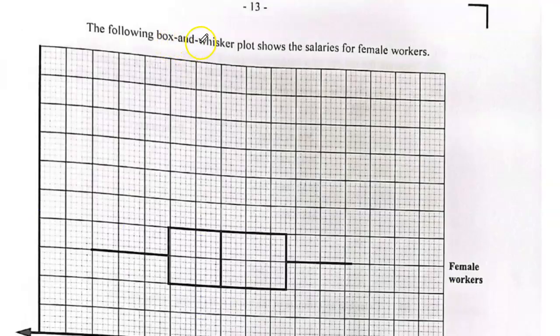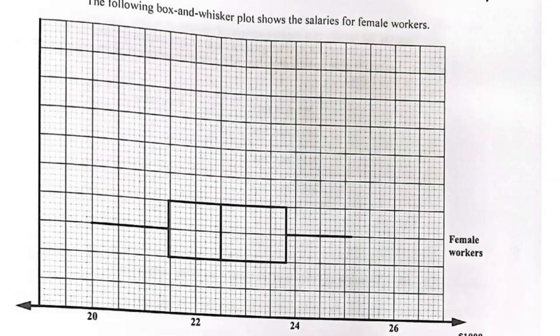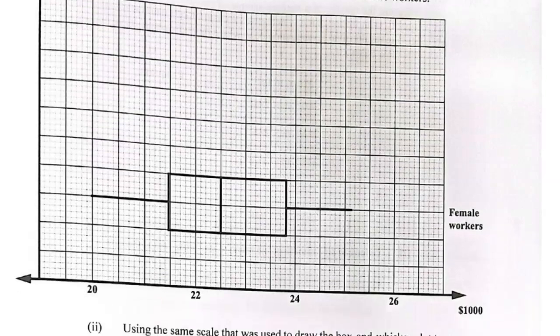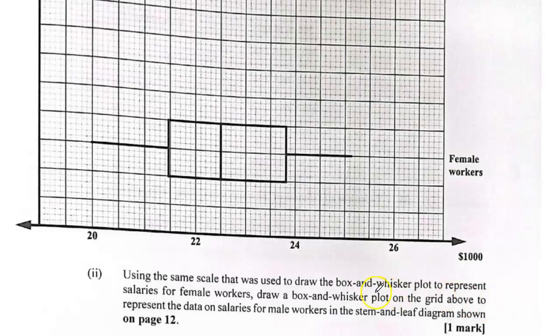Next, we're told the box and whisker plot below shows the salaries for the female workers. And we're asked now, using the same scale that was used to draw the box and whisker plot to represent salaries of female workers, to draw a box and whisker plot on the grid to represent the salaries for all male workers in the stem and leaf.